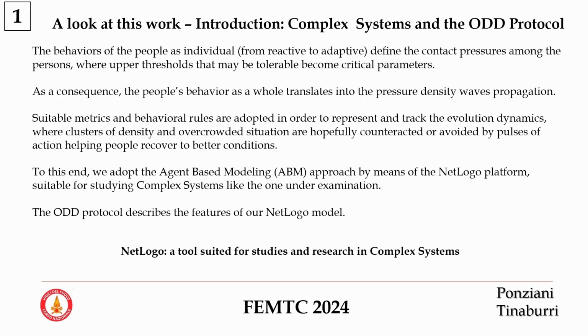The behaviors of the people as individuals from reactive to adaptive define so the contact pressures among the persons, where upper thresholds that may be tolerable are critical parameters. So the people's behavior as a whole translates into the pressure density waves propagation. We try to set and define suitable metrics and behavioral rules, and hopefully with counteracted actions to recover to better conditions.